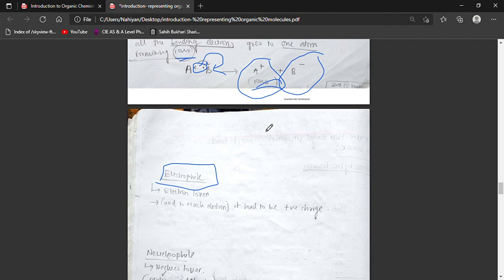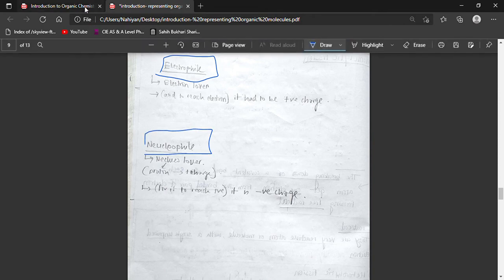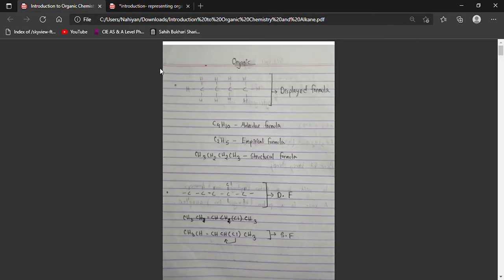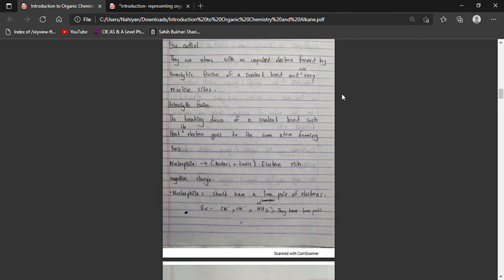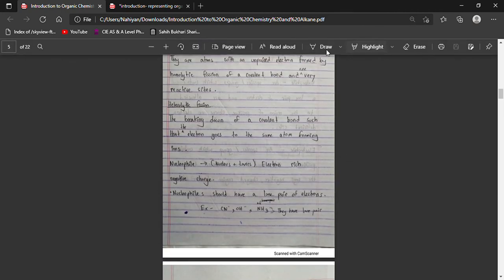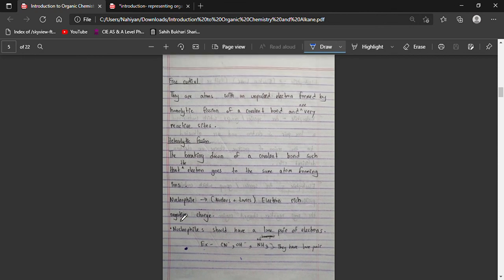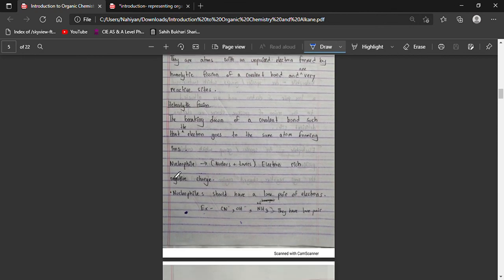One is the electrophile and the other is the nucleophile. So let's have a further look into it. A nucleophile is a molecule, you can say.